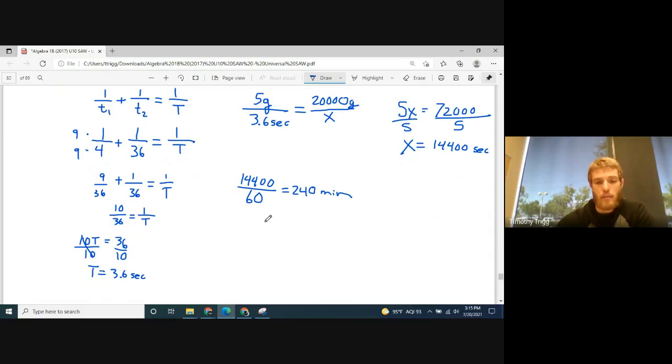Well, how many hours is that? So we take that 240 and we divide by 60 again because there's 60 minutes in an hour, and that'll give you 4 hours. So it's going to take a total of 4 hours. With the two hoses working together, it'll take 4 hours to fill up the pool.